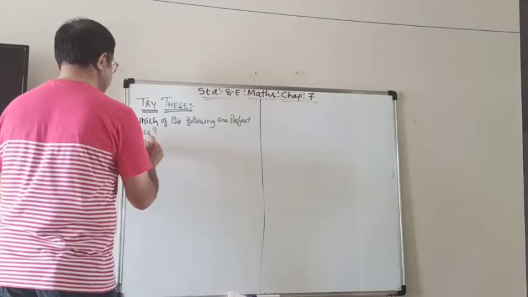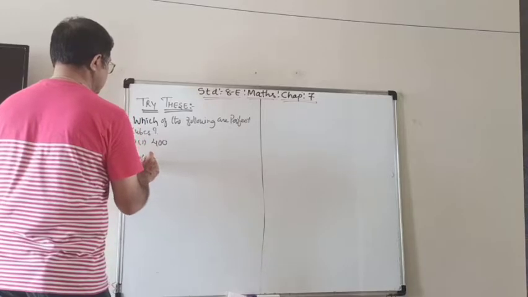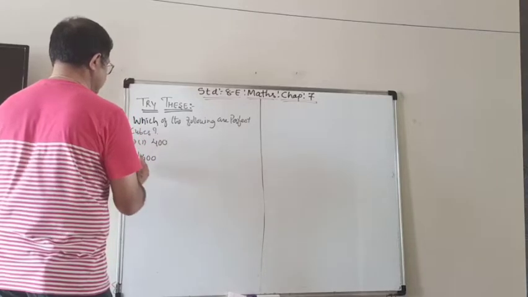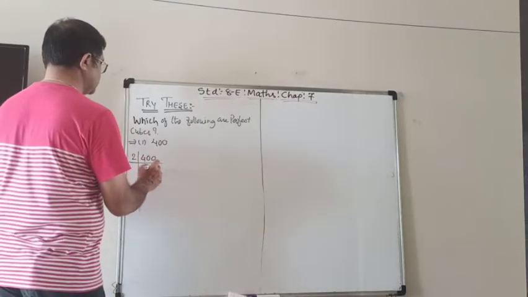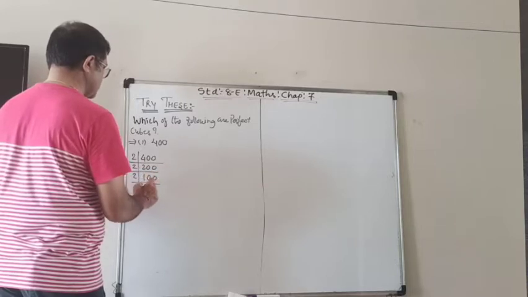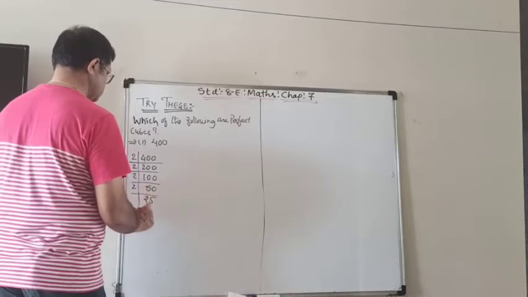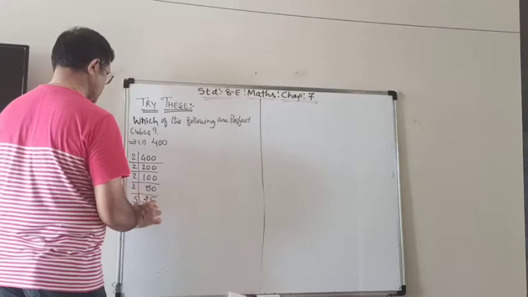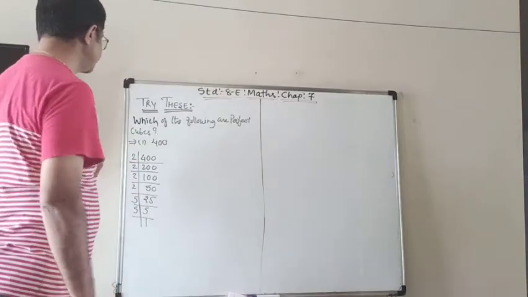Let's take the first one, that is 400. Now we will try to find the prime factorization. 200 2s are 400, 100, 50, 25, 5 5s are 25, 5 1s are 5.